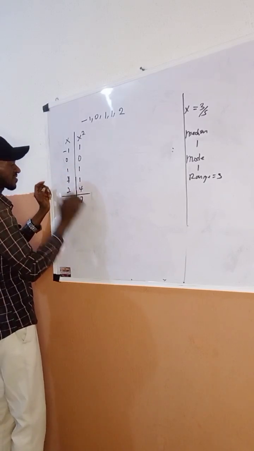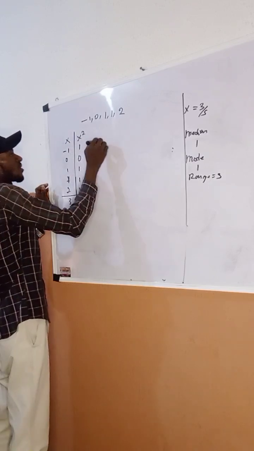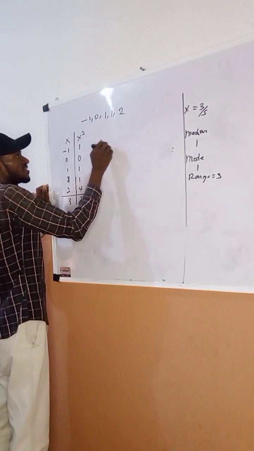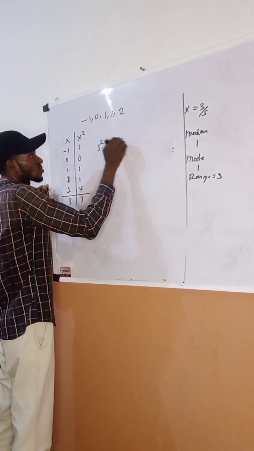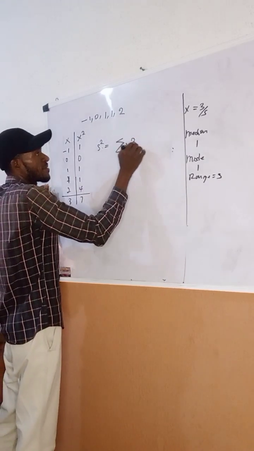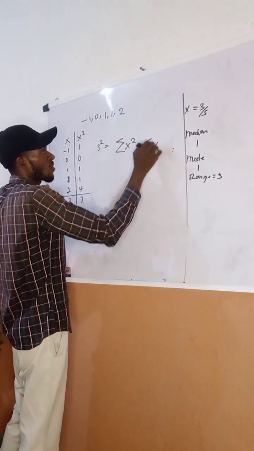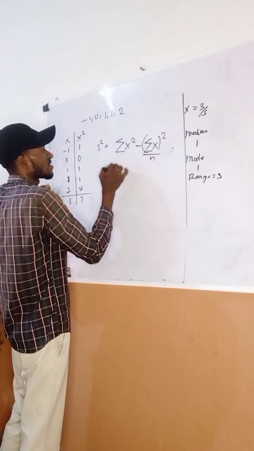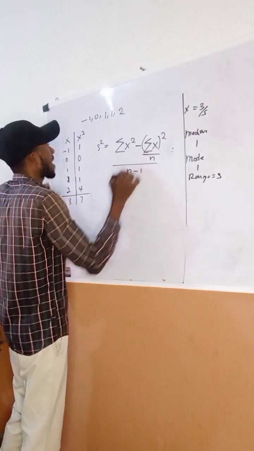Plus 4, 7. And I know that the formula for variance is summation of x squared minus summation of x, all raised to power 2, all over n, all over n minus 1.